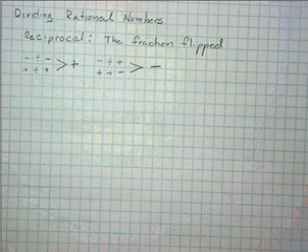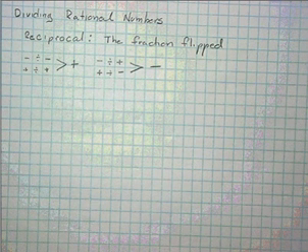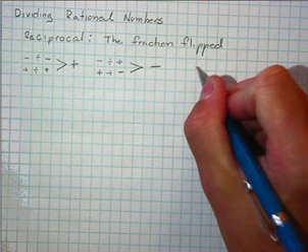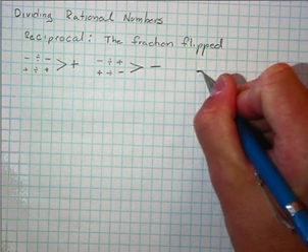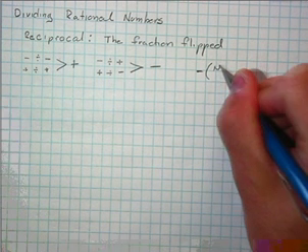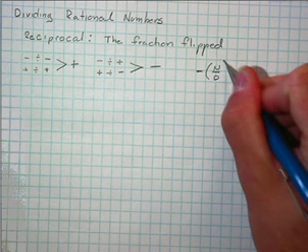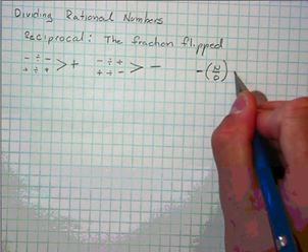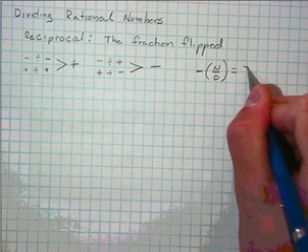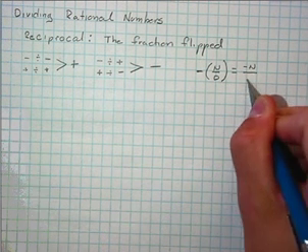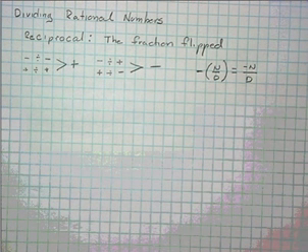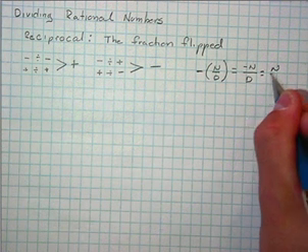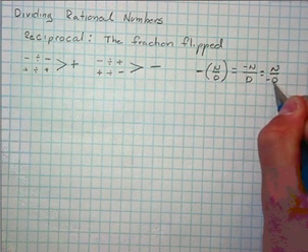And one thing that we talked about before, we didn't really emphasize it, but we're going to be using it a lot here soon, is this idea that our fraction is negative. So we have a numerator and we have a denominator. If our fraction is negative, it means that our numerator could be negative and our denominator positive, or our numerator is positive and our denominator is negative.